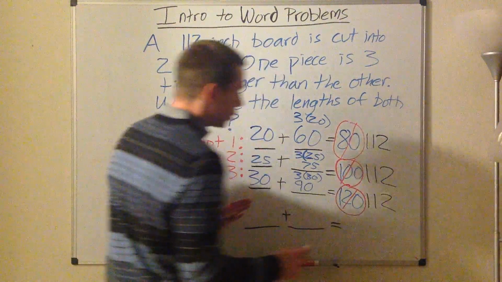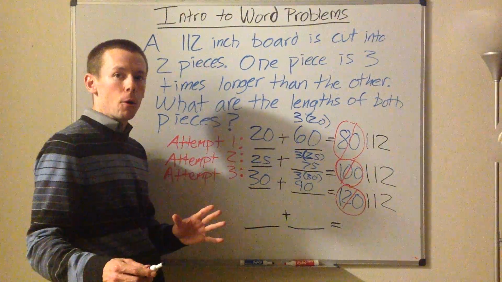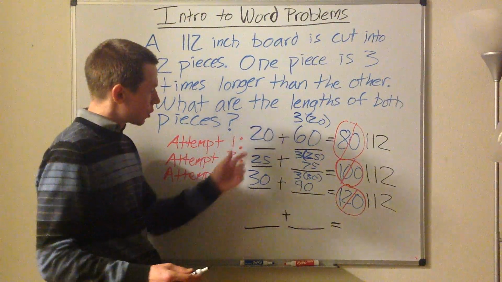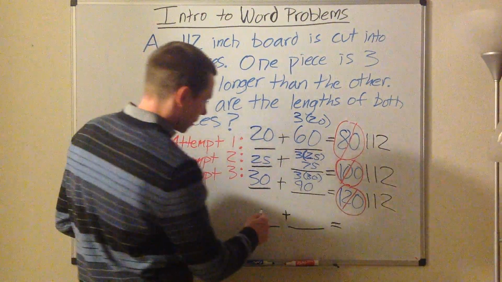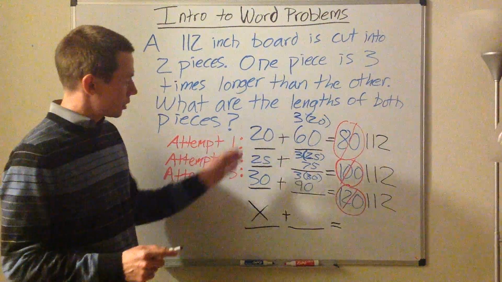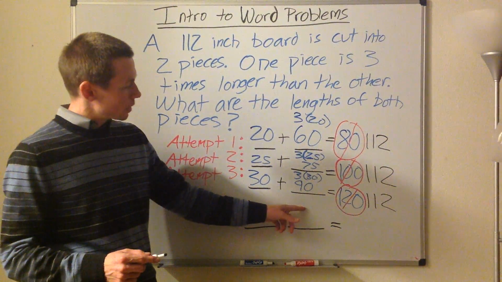So what I'm going to do is replace what's changing with a variable, and then keep what's not changing. So what is changing? Our initial guess for our first piece. So instead of continuing to just guess, I'm going to label this x. Now, what wasn't changing over here?